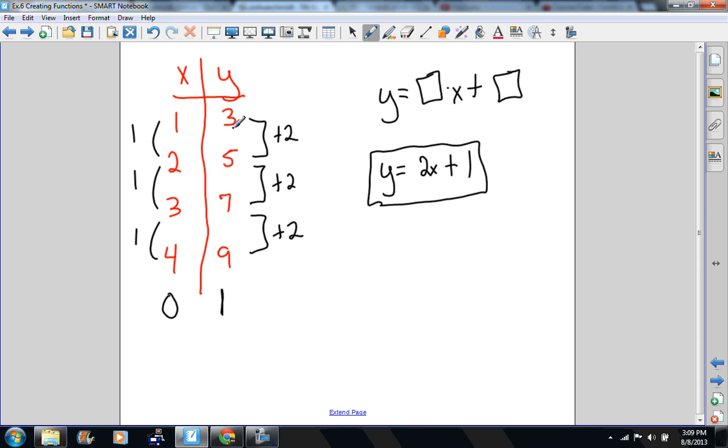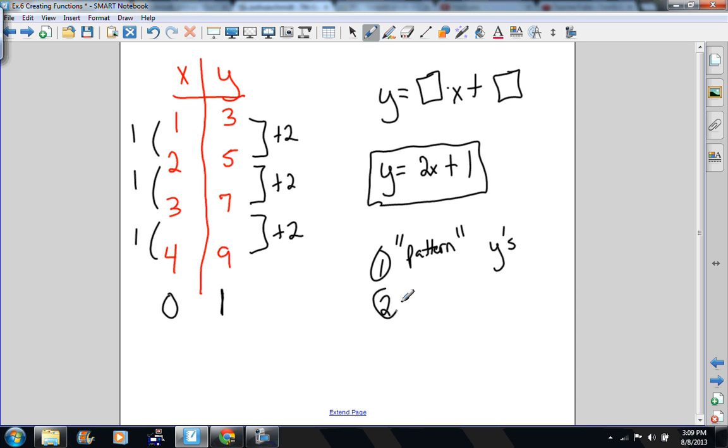Okay, so just to review, there are basically 2 steps. Step 1 is the pattern, which the pattern is the y's. We care about the y's only. And that pattern can only happen if our x's are consistent, which in this case they were.